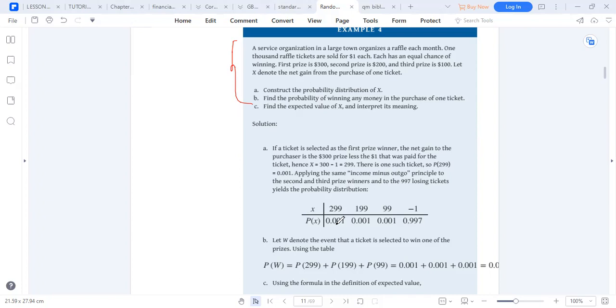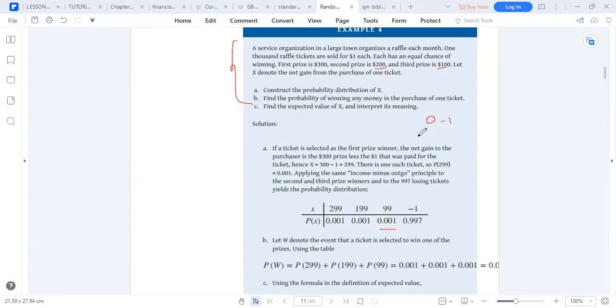It is 1 in every 1,000. For the net gain of getting a 200 prize, you subtract 1, this is 199. The chance is 1 in 1,000. Then finally, the net gain of the third prize, subtract the $1 which you put in, remains 99. The chance of getting it was 1 out of 1,000. And finally, if you don't win anything, you subtract 1, you're still losing out.